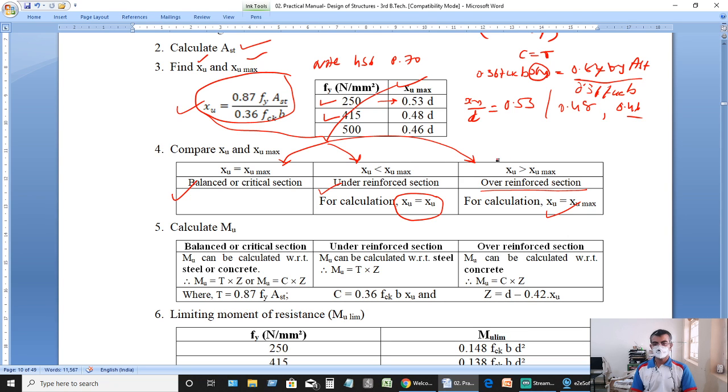This type of question may be asked in the examination.